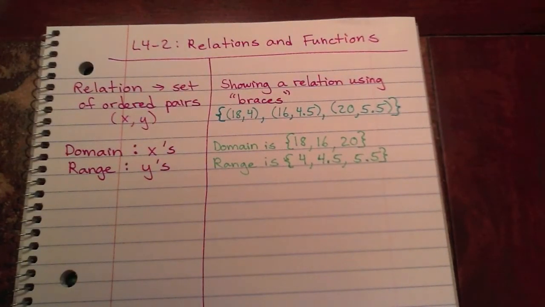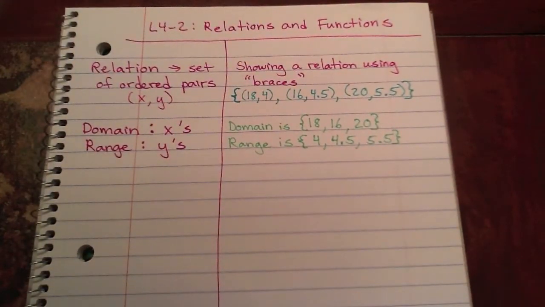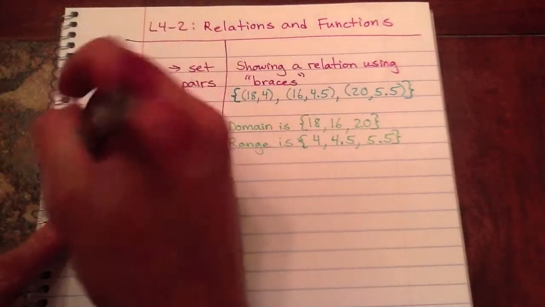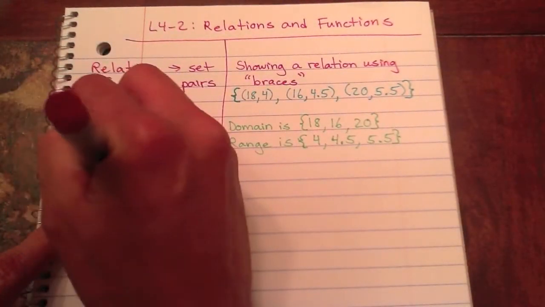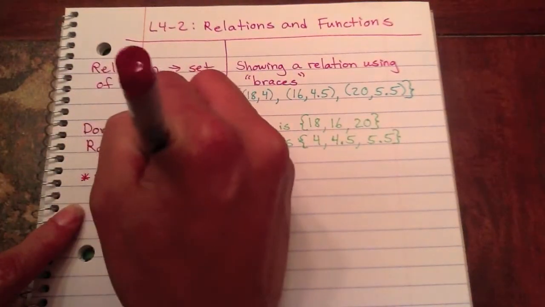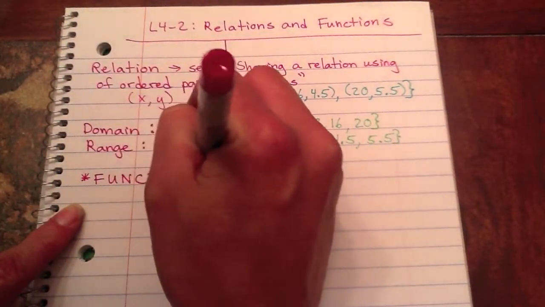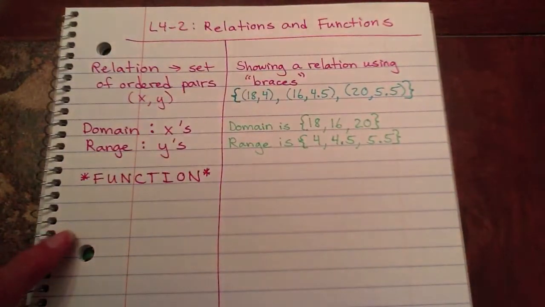Now, there's a special type of relation, and this is what we're going to be dealing with for basically most of the rest of the year, and that is called a function. This is a special type of relation that you definitely need to know about.